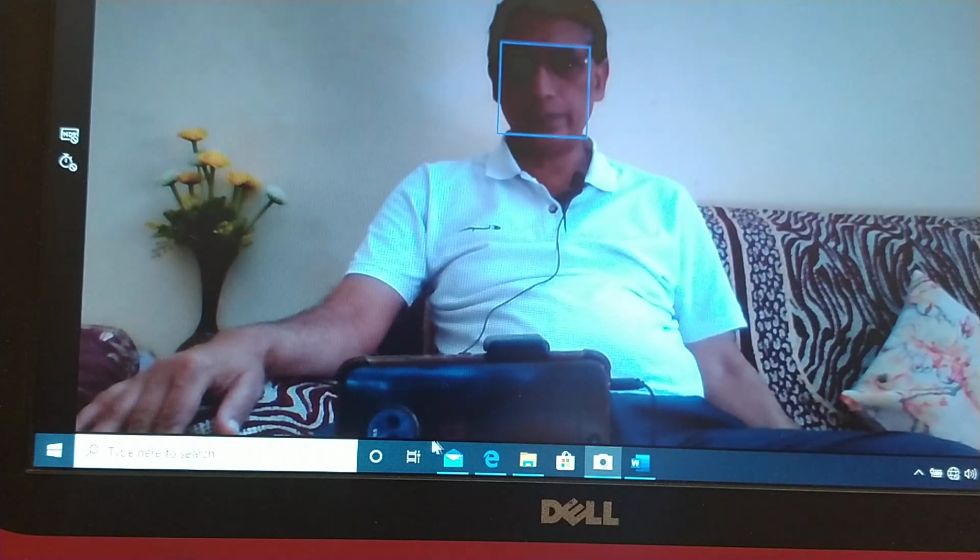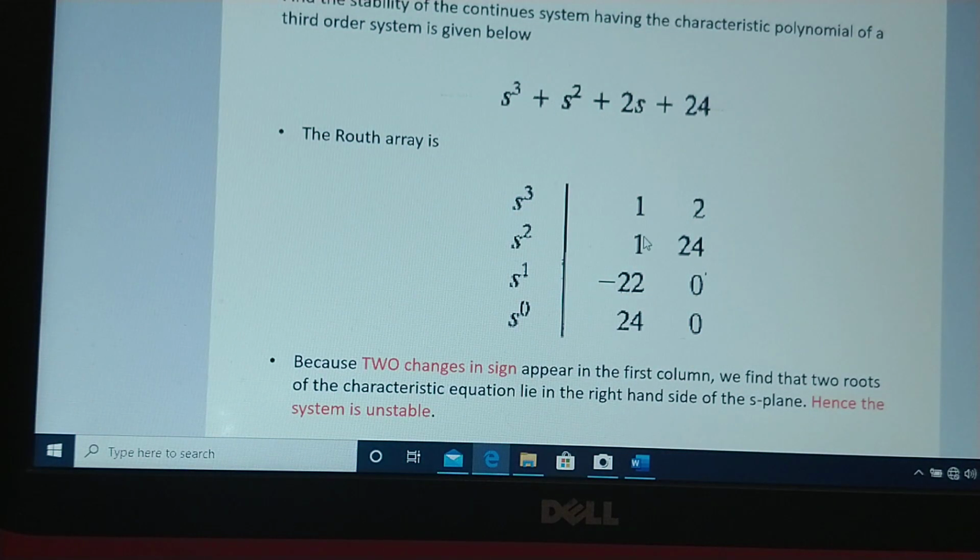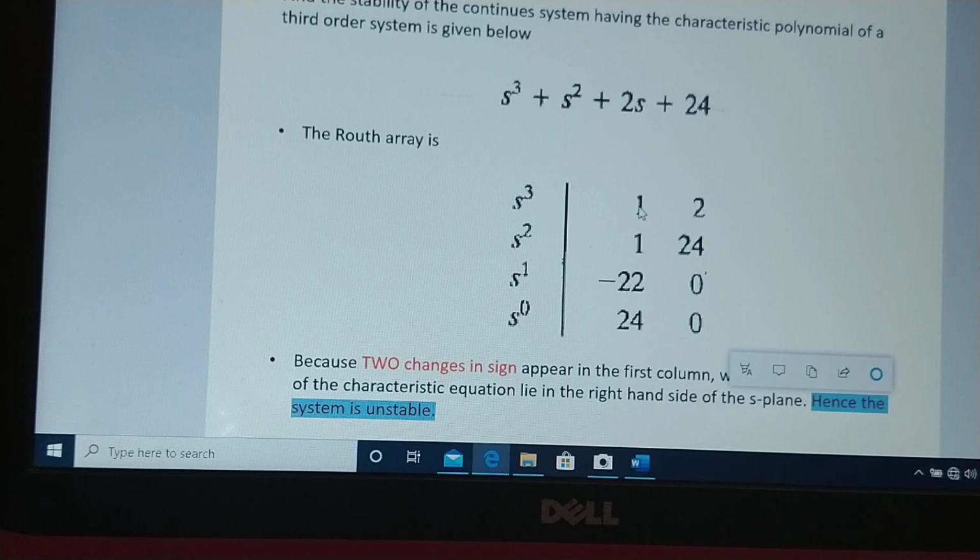Please see here: from plus 1 to minus 22, one sign change, and from minus 22 to plus 24, second sign change. Thus 2 sign changes appear. Hence the system becomes unstable. If all of these were positive, with no negative, then the system would become stable.